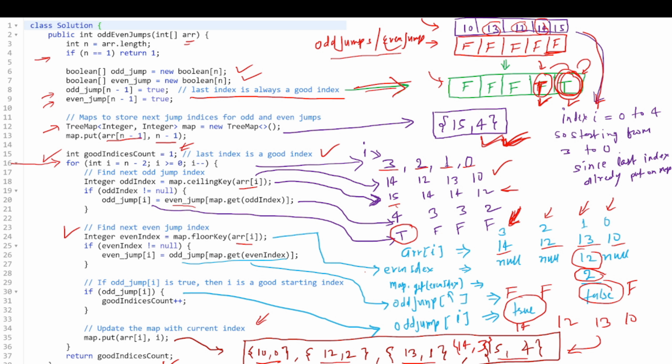For example, for odd jumps we need to find the smallest element that is greater than or equal to the current element, and for even jumps we need to find the largest element that is less than or equal to the current element.